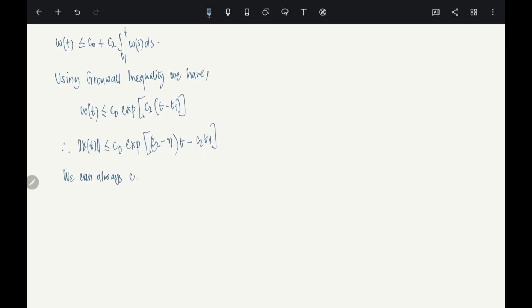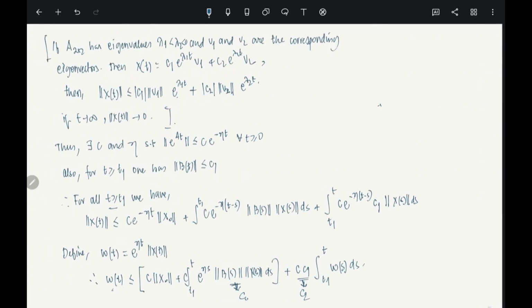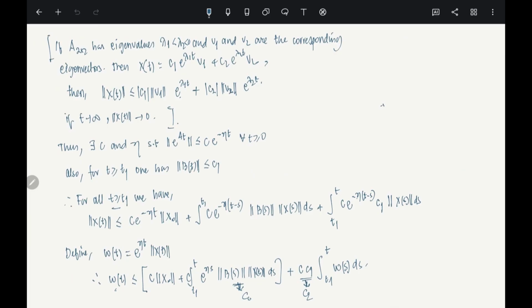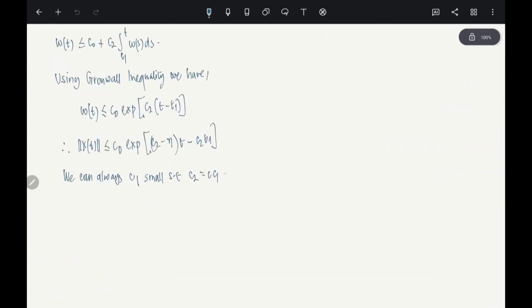So I can choose c1 small such that C2 is C times c1, right? C2 is defined by C c1, see? Okay, C2 is C c1. So this is sufficiently small, so smaller than eta, right? So C2 minus eta is negative. If this is negative, then this goes to 0, right? And this is a positive term, norm x of t. So therefore, norm of x of t must tend to 0 as t tends to infinity.